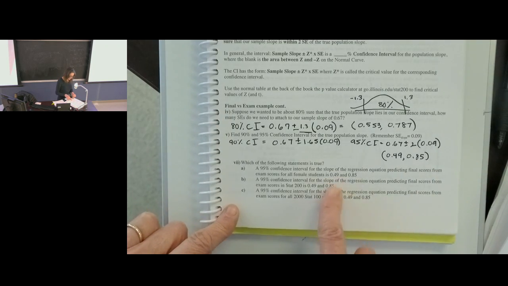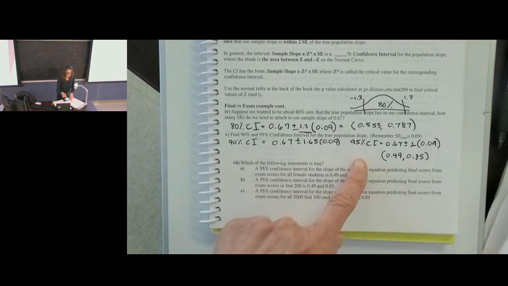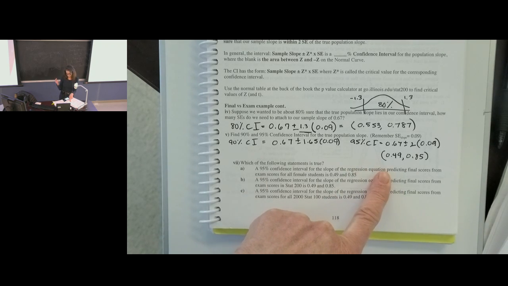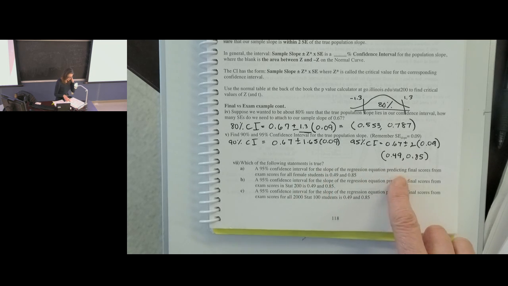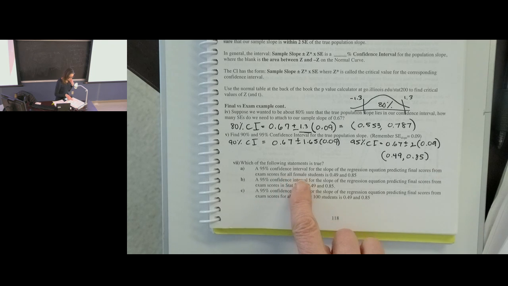These are the right limits, but to which group can we be 95% sure? That if we looked at the regression equation predicting final scores from exam scores for all female students, it would be in that interval?